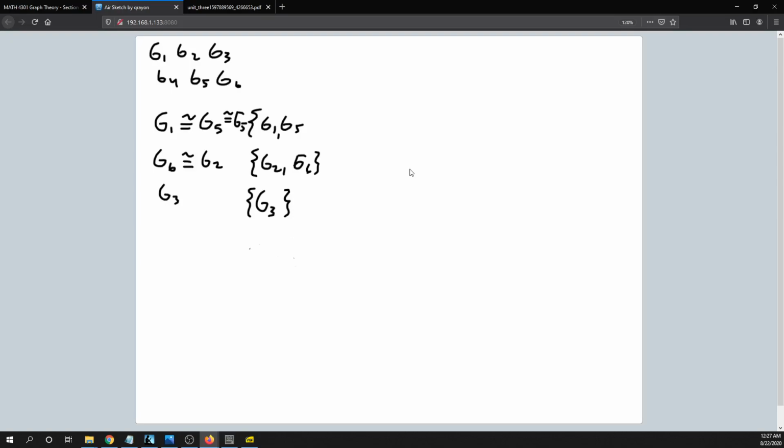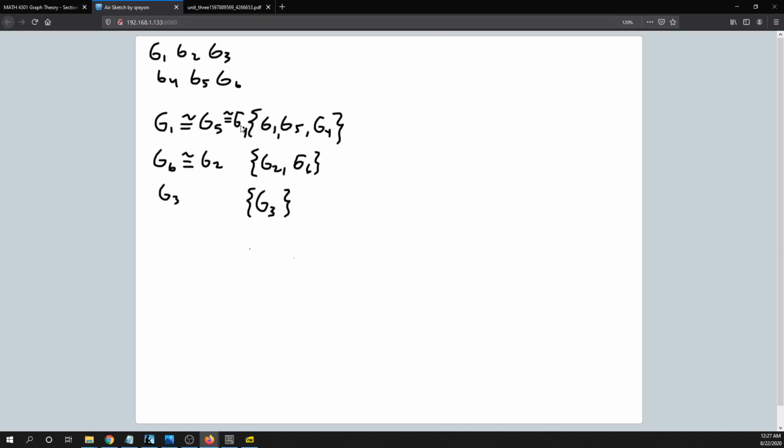So I think that was supposed to be G4. So you found G4 was isomorphic to G5, and you already knew that G5 was isomorphic to G1.